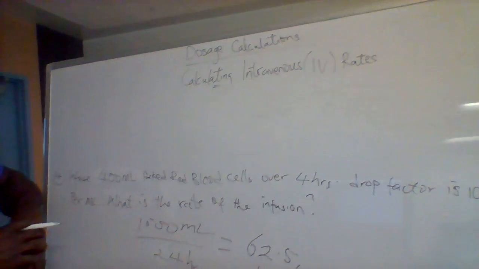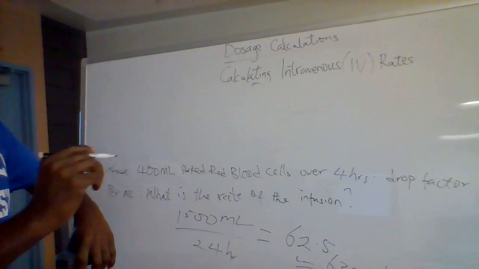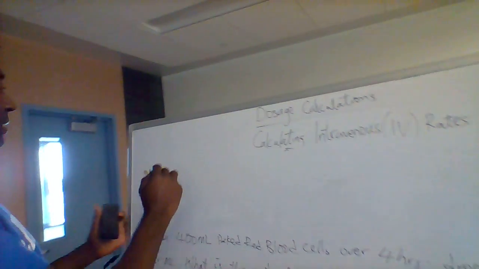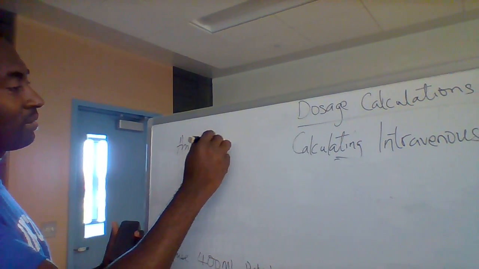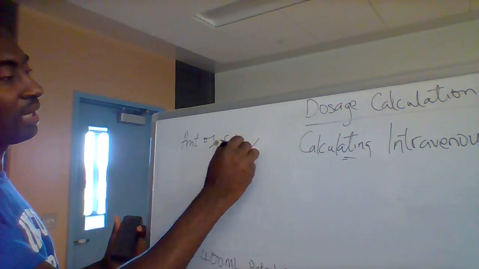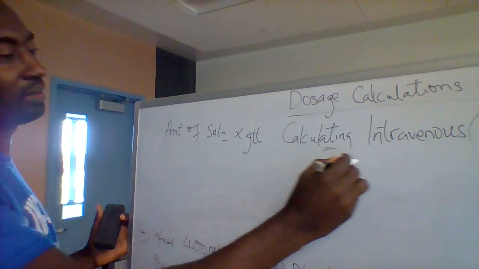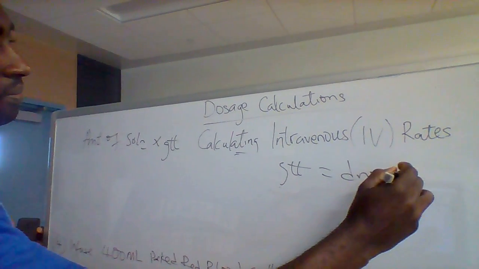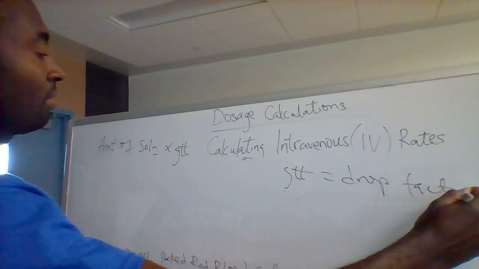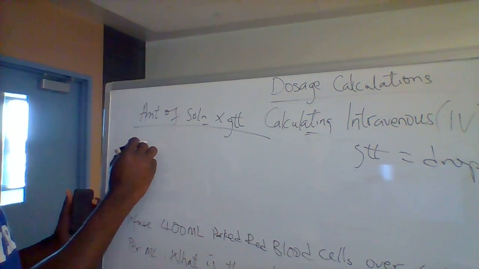So in doing this, we go by the amount of solution times the drop factor, which is gtt per ml, all over the time.